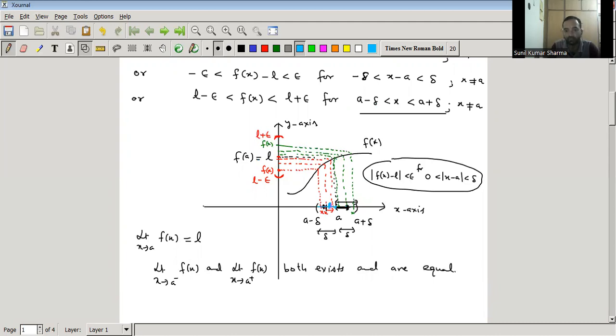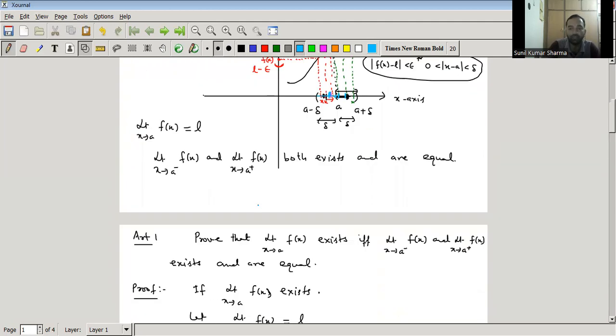If I take x to lie between a and a plus delta, again this point gives f(x) here, and the distance between f(x) and L is less than epsilon.